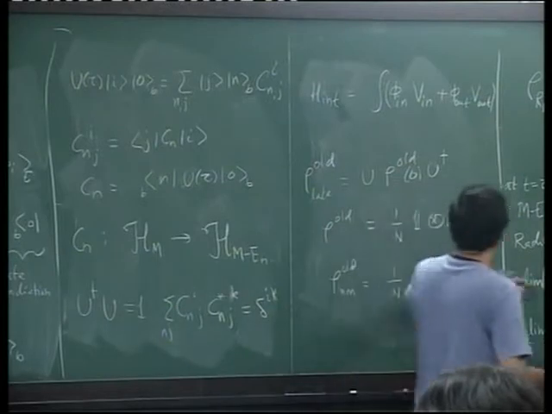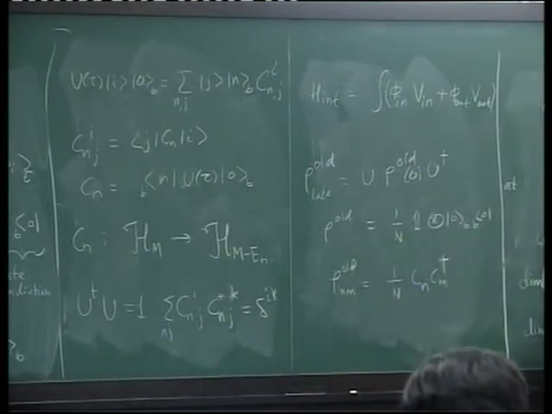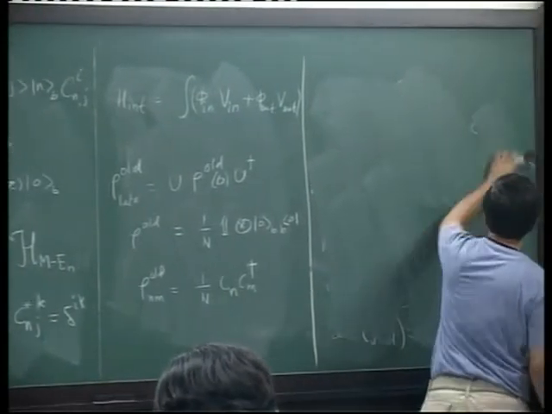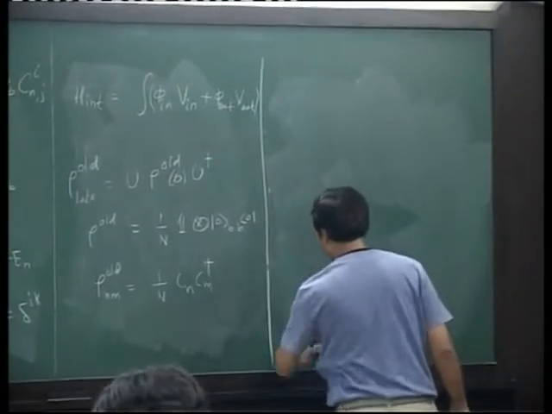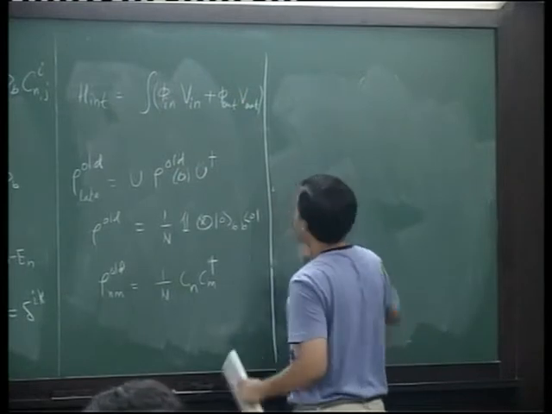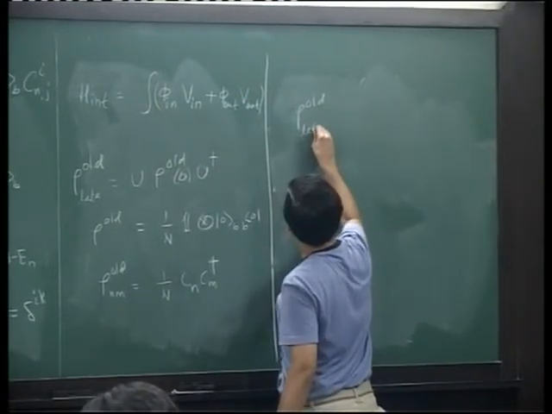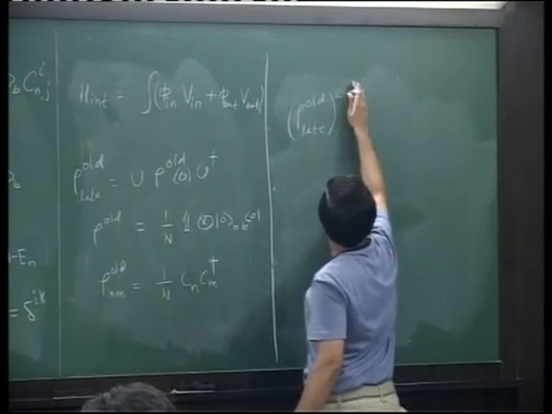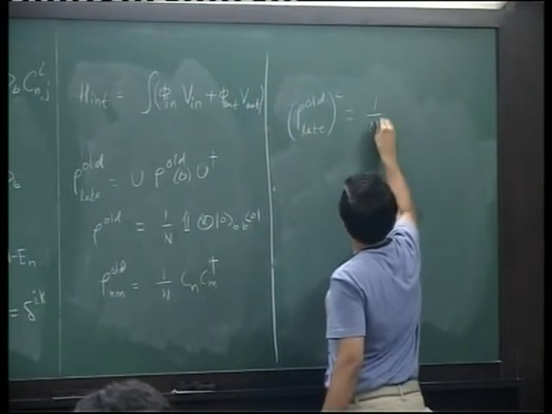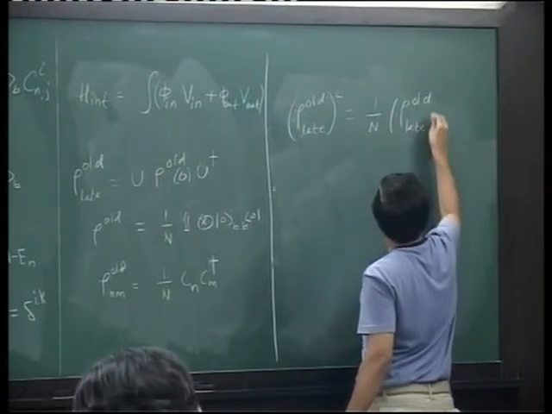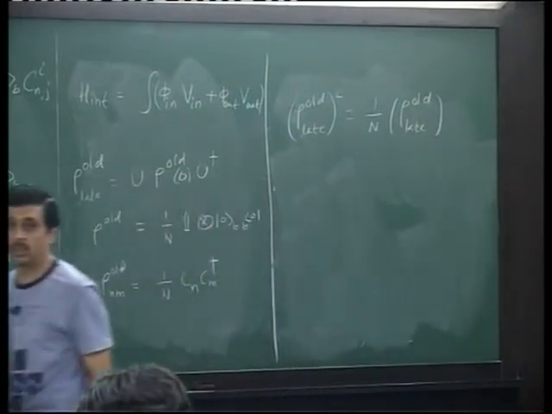Fine. So one thing that one can easily see here, which we couldn't see in the earlier description, is that rho old late squared is equal to 1 over N times rho old late. So it's almost like a projection operator, but not exactly.